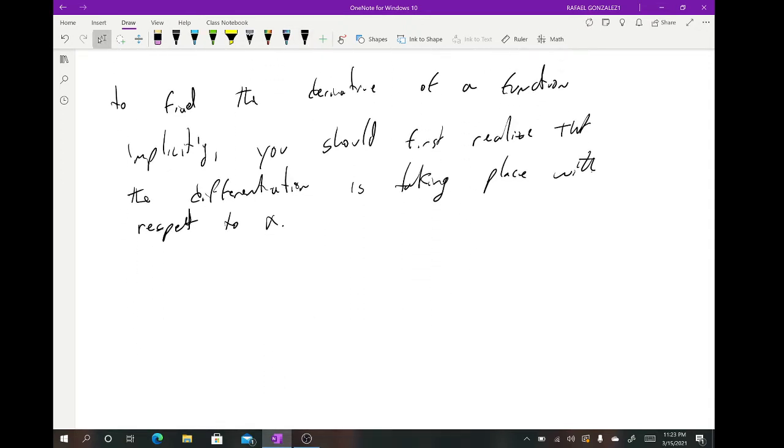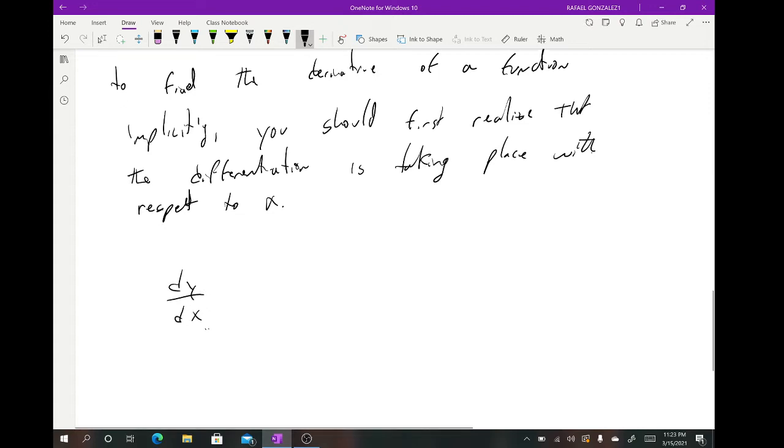Now, this is something that when I first introduced the derivative, I told you that when we write dy dx, this means the derivative of y with respect to x. So we're taking the derivative with respect to the x variable, not the y variable.